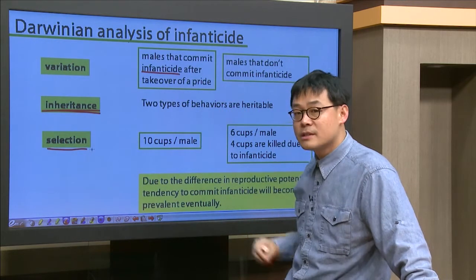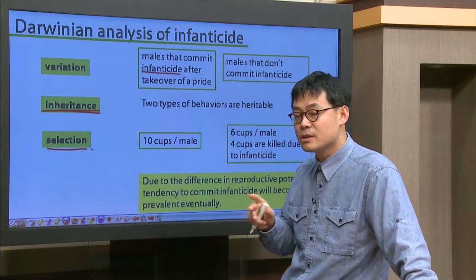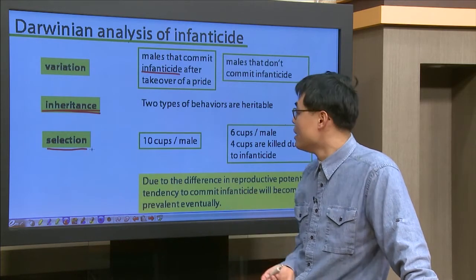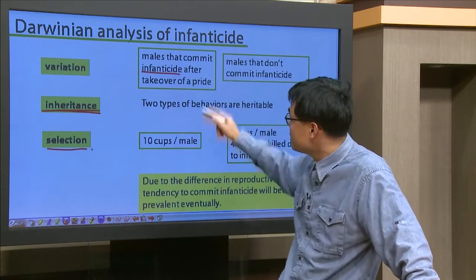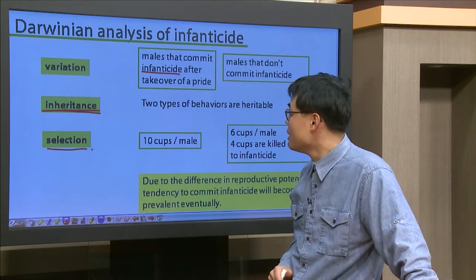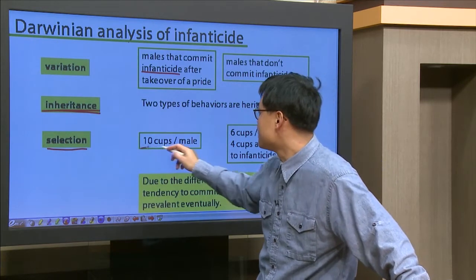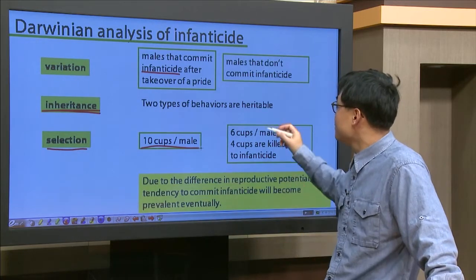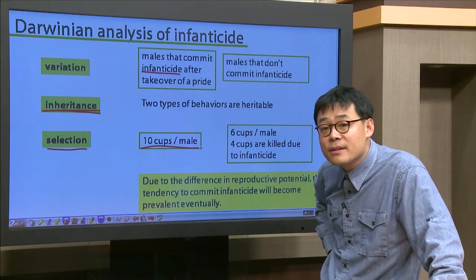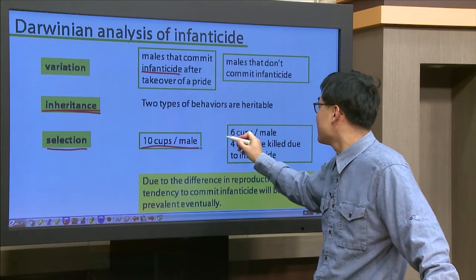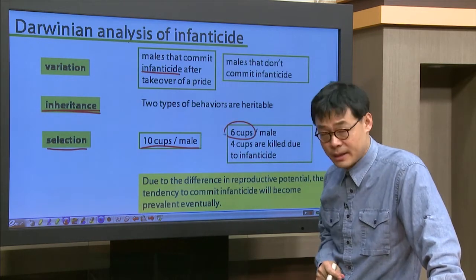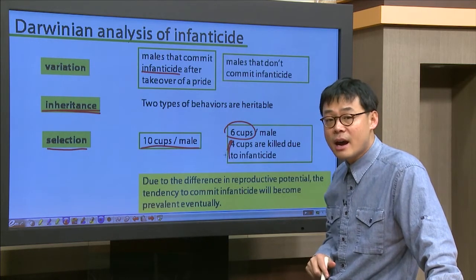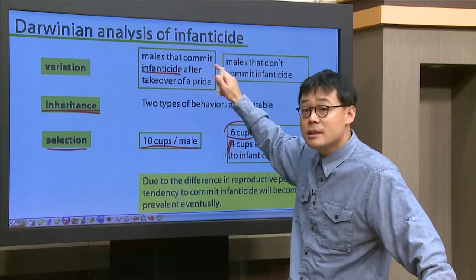And let's go to the selection. The male lions exhibiting these two different behaviors are now competing with each other. Let's assume that the males committing infanticide leave on average 10 cubs per male. But the males that do not commit infanticide will probably have fewer cubs surviving, because their cubs may die due to infanticide by other males.